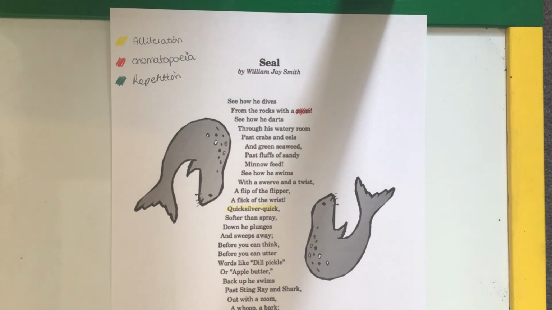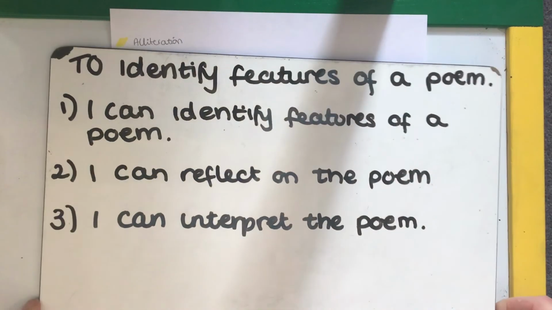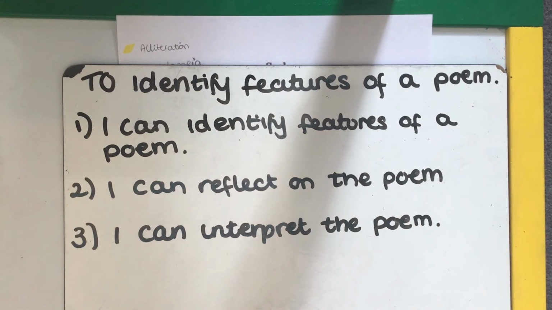Did we like the alliteration, the onomatopoeia, the repetition? What was the effect of those? How did they make us like the poem? And success criteria number 3 would be for those people who did the red challenge when we did task 2. You will have been interpreting the poem, so you will have met success criteria 3, I can interpret the poem.